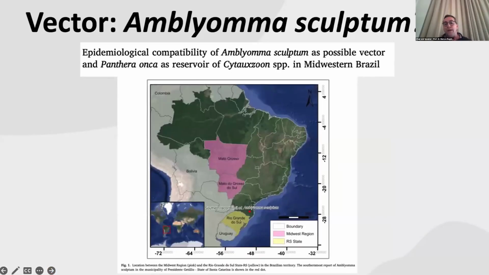And in the states where we cannot find Amblyomma sculptum, wild felids are not positive for Cytauxzoon. So in those states where you can find Cytauxzoon, you can find Amblyomma sculptum. But in those states where there is no Amblyomma sculptum, all wild felids and cats were negative for Cytauxzoon.